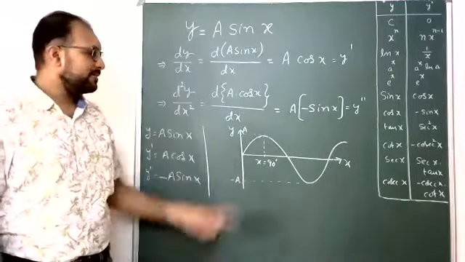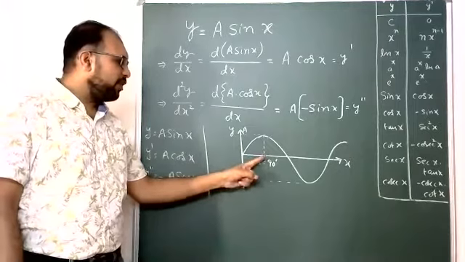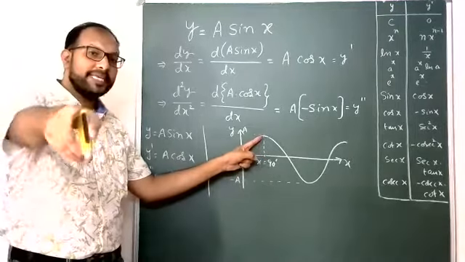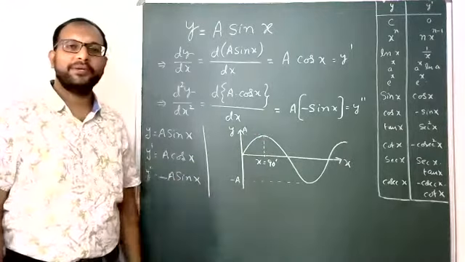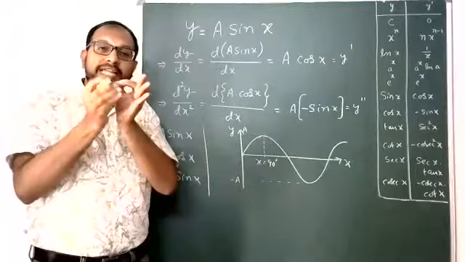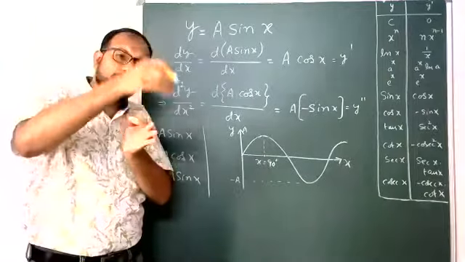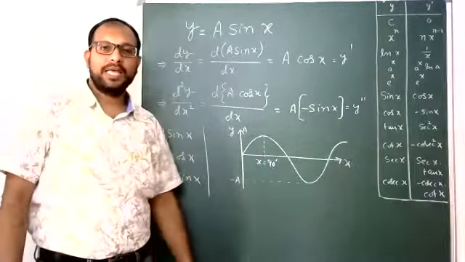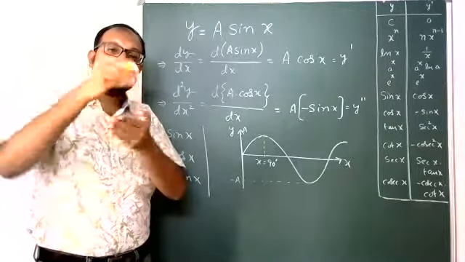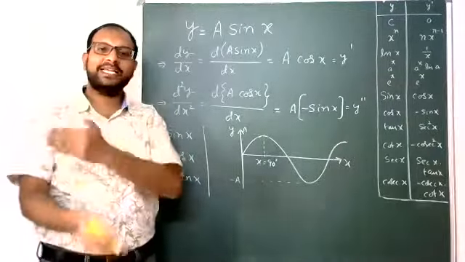Same way here, just before x equal to 90 slope is positive, but after x equal to 90 slope is negative. Means slope changing from positive to negative means change in slope is negative. Change in slope, that is slope of slope, is the second derivative.